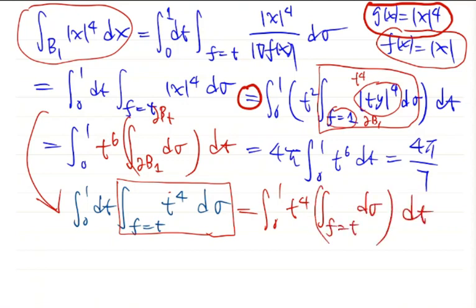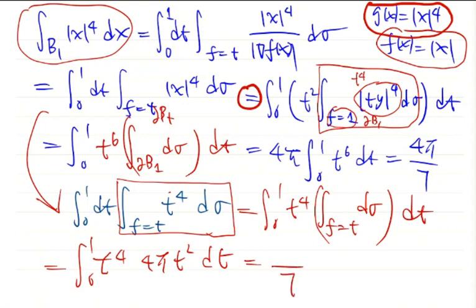But the integral of the constant function 1 over f equal to t, that is the sphere with radius t, is the area of the sphere with radius t, which is 4 pi t squared. And as before, this is also 4 pi over 7. Okay, so this is the application of the coarea formula.